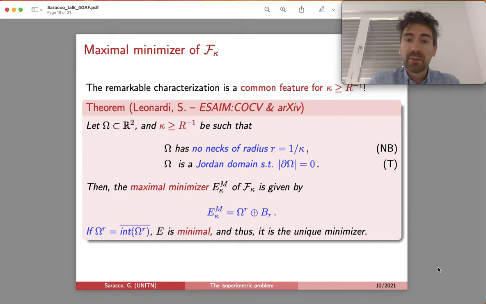You take a planar domain, and you fix any constant kappa greater than or equal to the curvature of the greatest ball contained inside omega.